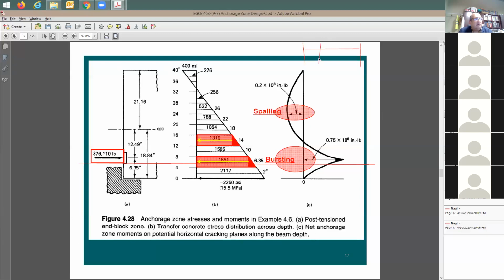You cut the section here, and then you take all the loads on the left-hand side or the loads on the right-hand side, and then you find the moment for them. Am I correct? Yeah. Okay, exactly what you do. When you cut the section, you look either right or left. And here, when you cut the section, you look either below or above the section. Now take the moment for all of these forces, right?